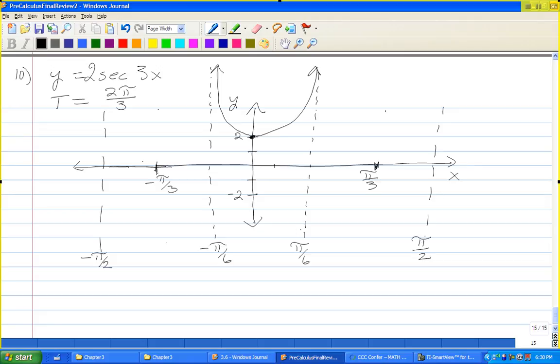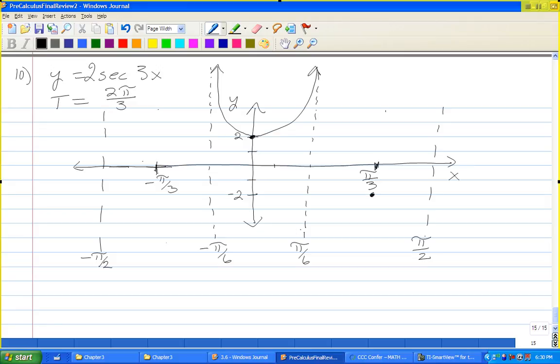Pi over 3, that's secant of pi over 3. Cosine, I'm sorry, 3 times pi over 3 is pi. Secant of pi, well, cosine of pi is negative 1. And so this is negative 2.